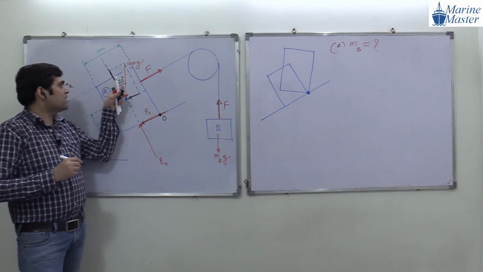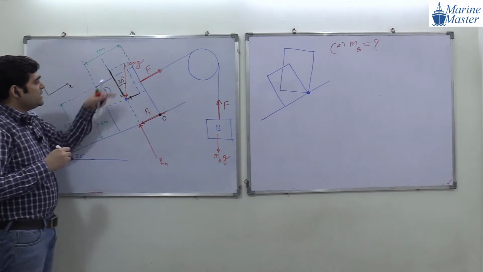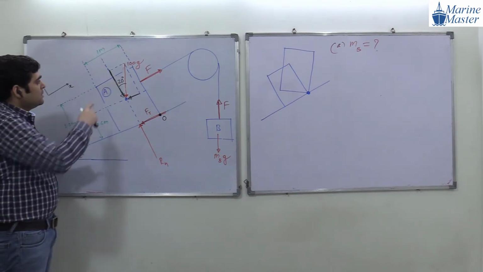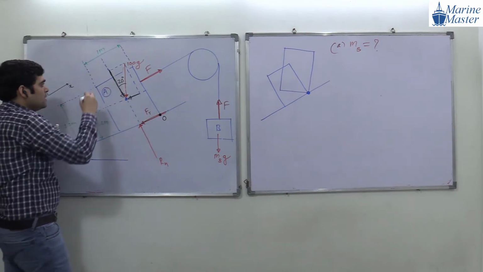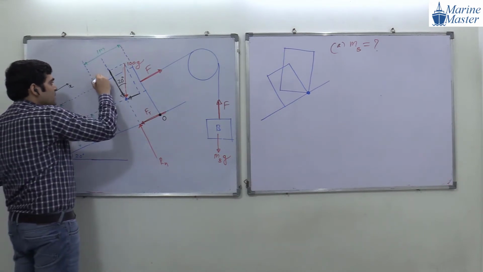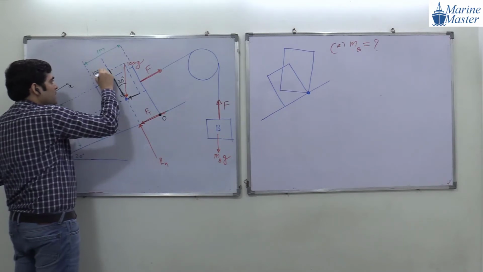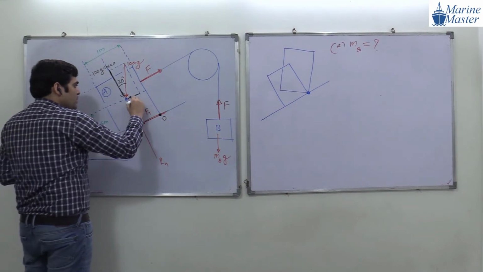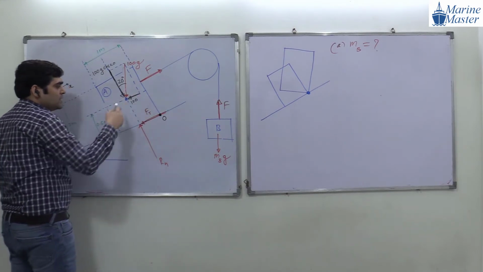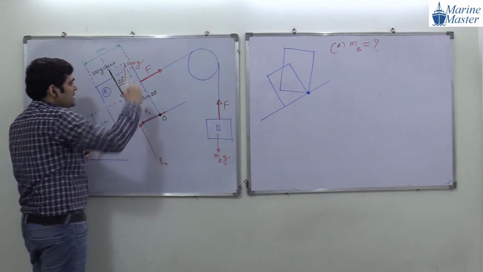If this angle is 20 degrees, then this component will become 100g cos 20, and this component will become 100g sin 20.